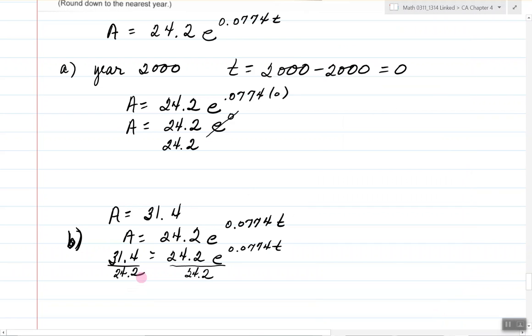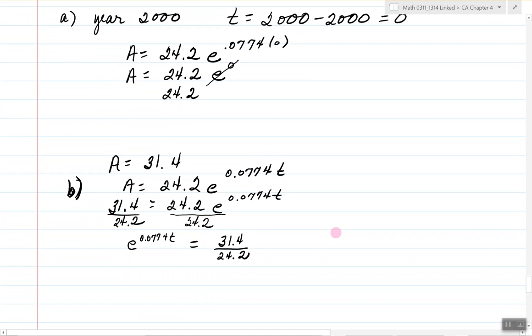Maybe I'll just leave it like this, and I will have e to the 0.0774 t is equal to 31.4 over 24.2. I'm going to take the natural logarithm of both sides. ln of e to the 0.0774 t is equal to the ln of this fraction, 31.4 divided by 24.2.